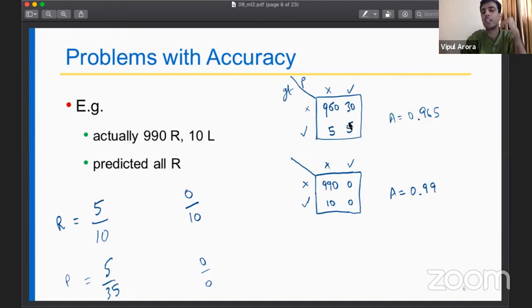Accuracy, trace divided by everything, so 9.65%. So accuracy is low, but still this classifier is better than this classifier, right? This is just a cheating classifier. There is no classification here. It's just a cheater. But this one is at least doing something. So this classifier is certainly better than this classifier. That is why accuracy will not tell you that. Accuracy is not a good metric.